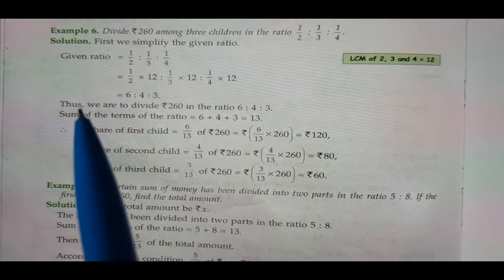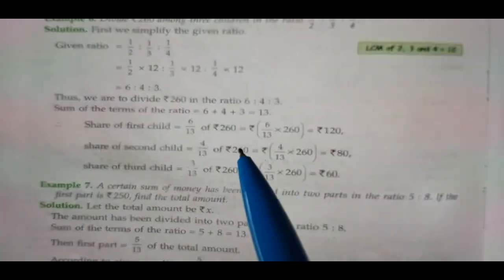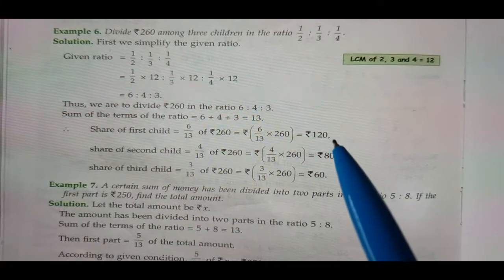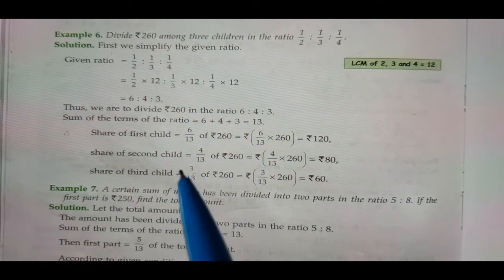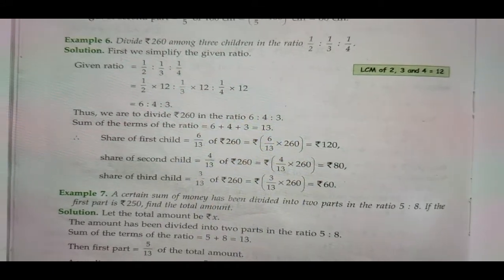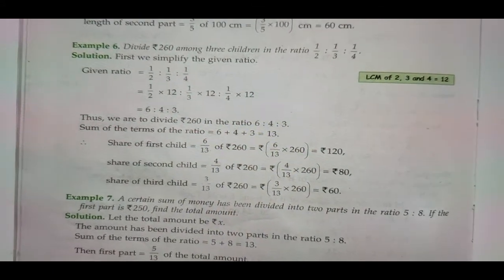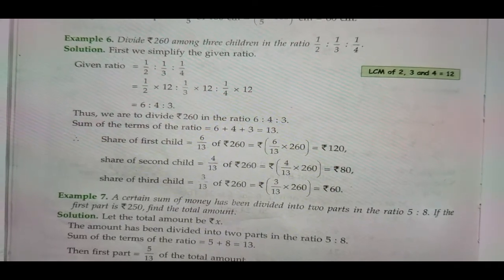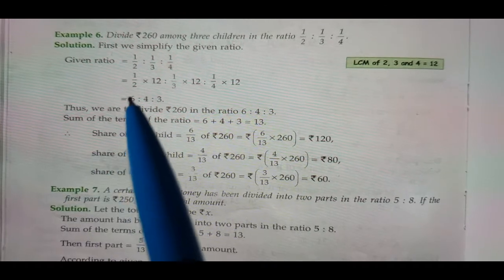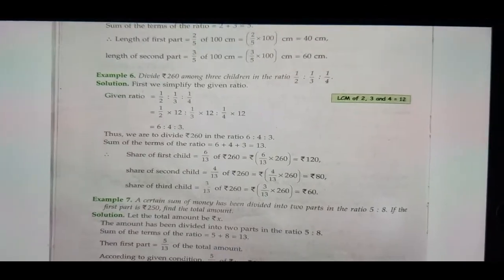So you will take the sum of the ratios. 6 plus 4 is 10, 10 plus 3 is 13. So 6 upon 13 into 260, you will get 120. Then 4 upon 13 of 260, and then 3 upon 13 of 260. So in these kinds of sums, first you bring them into the ratio form, then you find the sum of the ratio, then each ratio upon sum of the ratio multiplied by the amount will give you the answer.